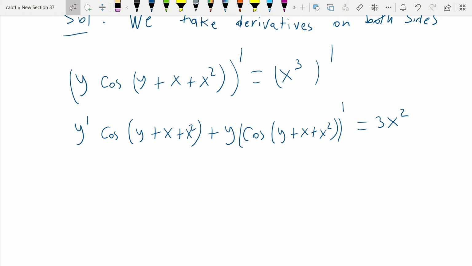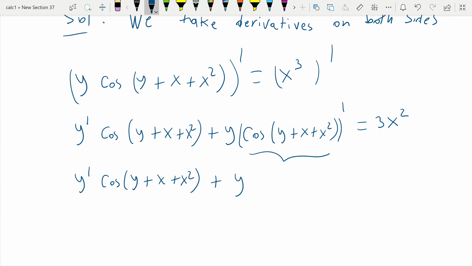Now, y prime is just y prime. Cosine of y plus x squared is just that. Then y, and to compute the derivative of this cosine of y plus x squared, we use what we just learned, namely the chain rule. So we take the derivative of the outside function, minus sine of y plus x squared, and we multiply this by the derivative of what's inside.